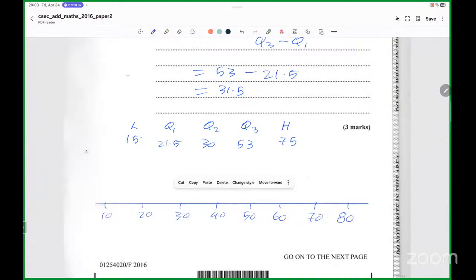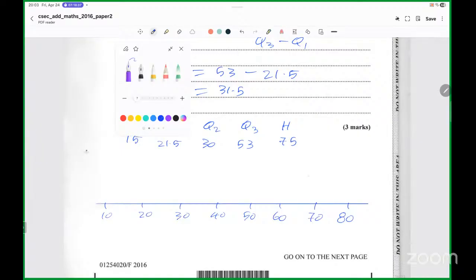All right, and now you put on the marks. You want 15. That's the end of one of your whiskers. It's right here, between 10 and 20 is 15. Your first box starts at 21.5, maybe about right here.